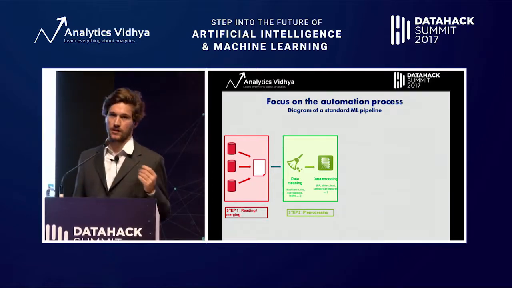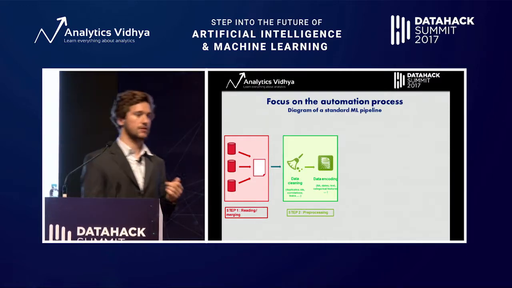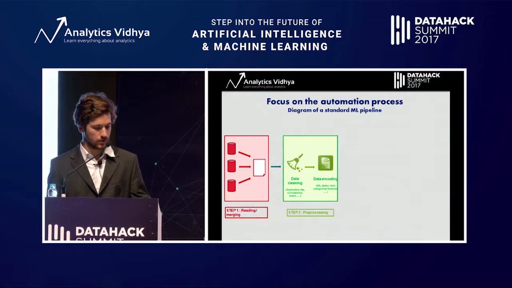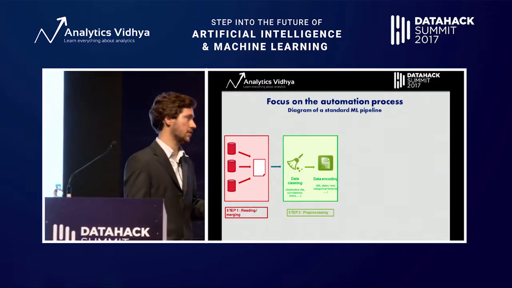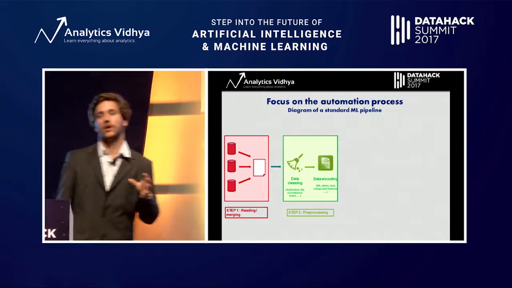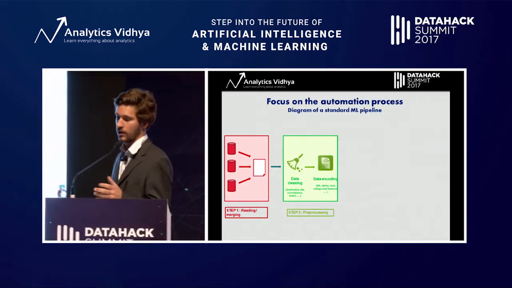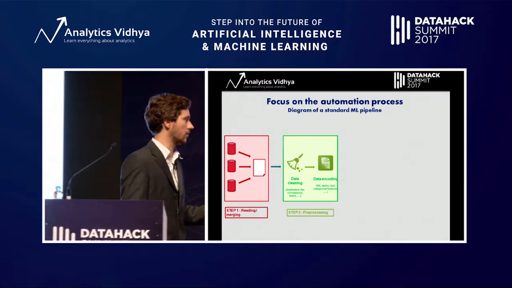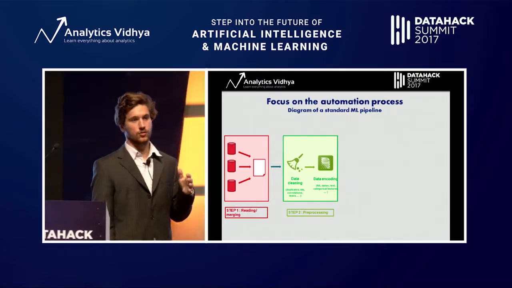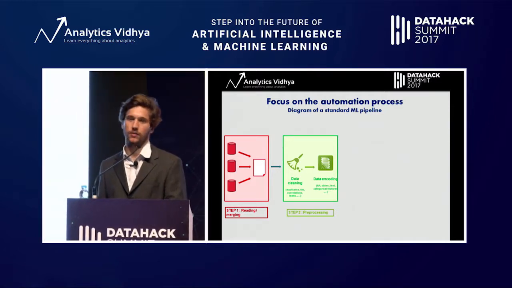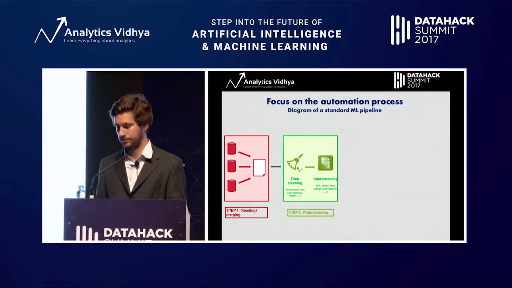Then you have data encoding. That's also very important since every machine learning algorithm takes as input numerical matrices. So you have to encode your data. So of course you will have to encode categorical features, but what if you have missing features, dates, lists, images, text, and so on? You need to find the right way to encode your data, and that can be tricky and very important.